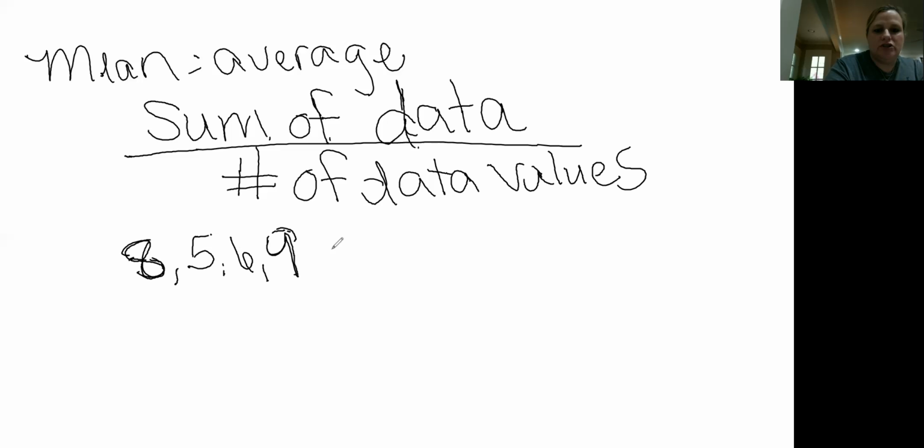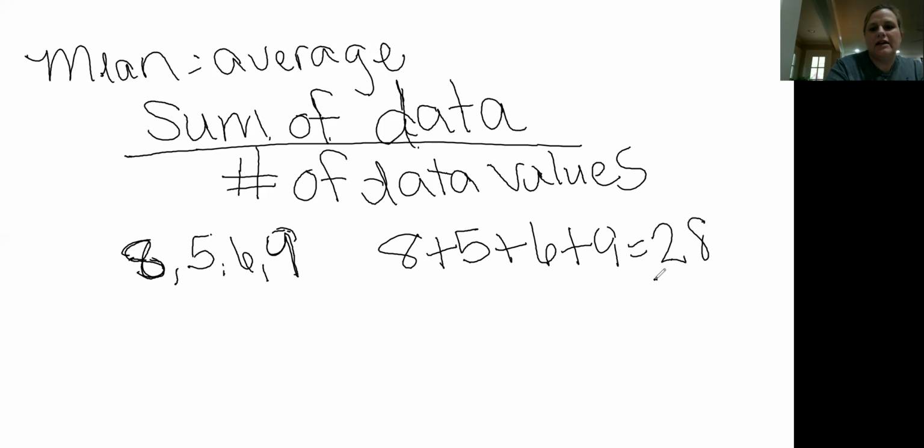And so what you would do is you would add these together. 8 plus 5 is 13, plus 6 is 19, plus 9 equals 28, divided by how many numbers there are. There's 1, 2, 3, and 4. There's 4 numbers. They all totaled 28. 28 divided by 4 is 7. So the average or mean of this data set is 7.